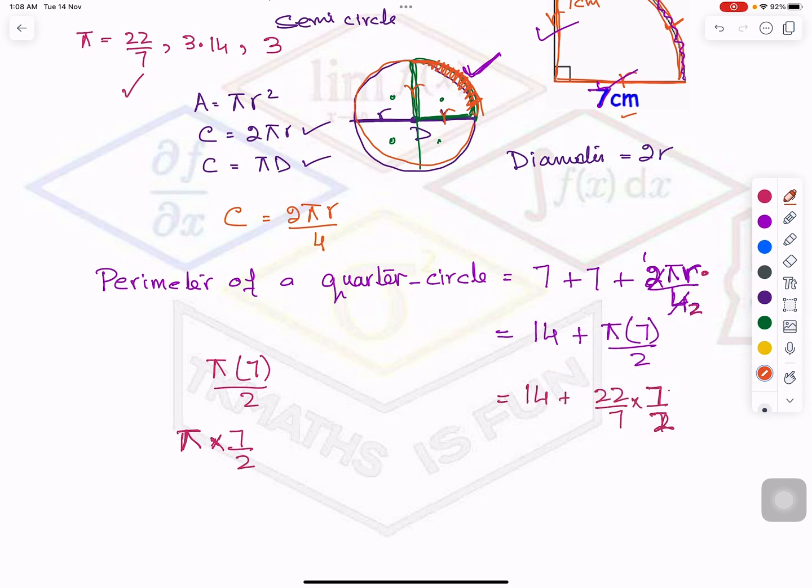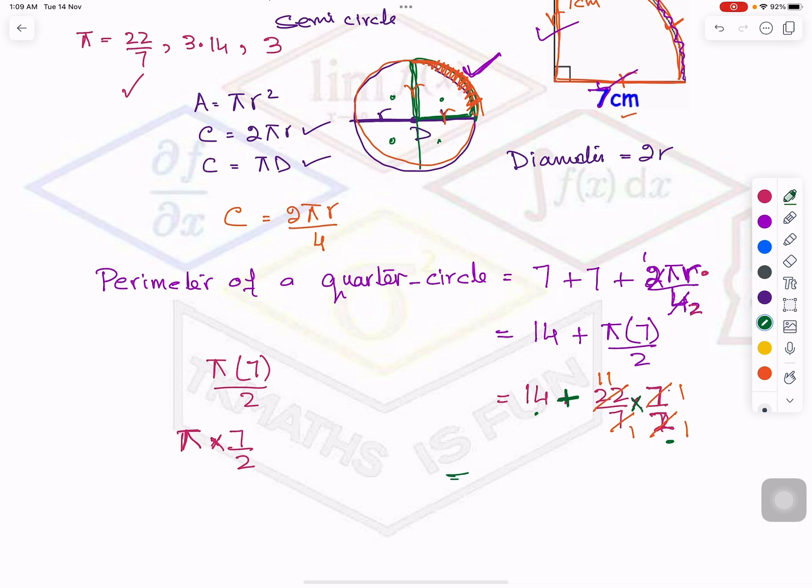So now I can cancel. 7 times 1 is 7, 2 times 1 is 2, and 2 times 11 is 22. Please do not make the mistake of cancelling this 2 with this 14. Why? Because there is a plus sign in between. You can only cancel if there is multiplication in between.